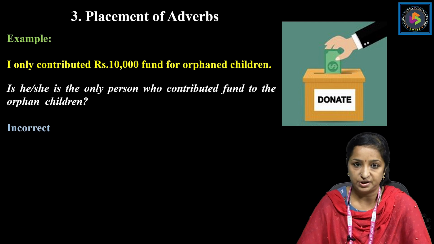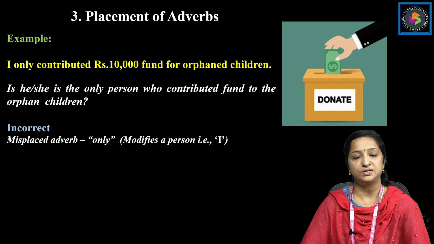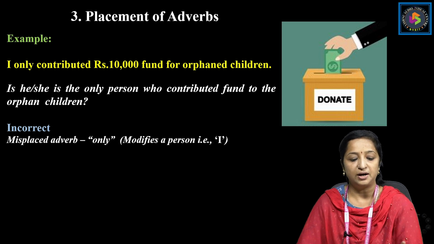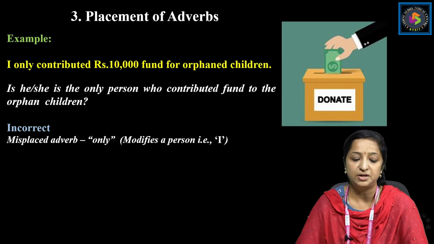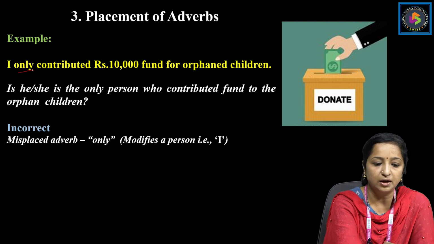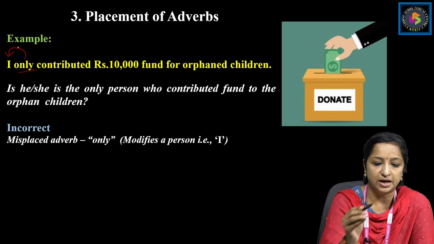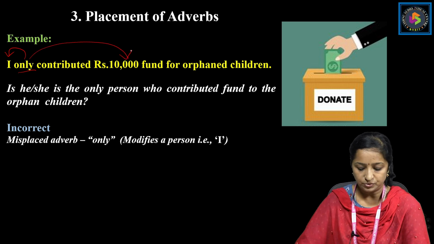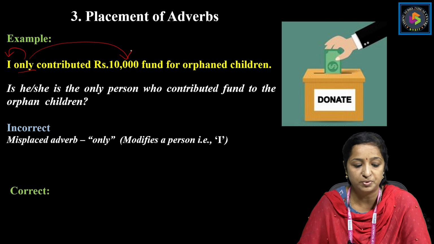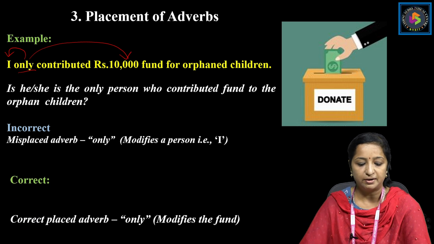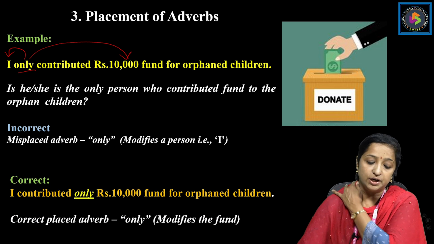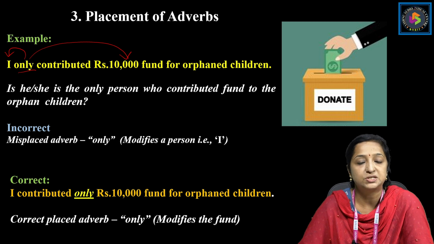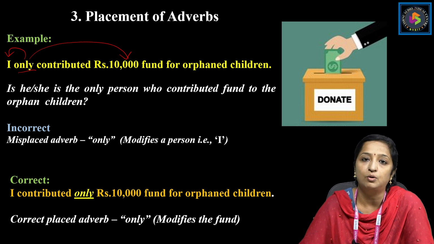So, this is an incorrect one. Here we can see that the misplaced adverb, which is only, is modifying a person, that is I, instead of modifying the contributed amount, that is rupees 10,000. So the correct one is I contributed only rupees 10,000 fund for orphan children.